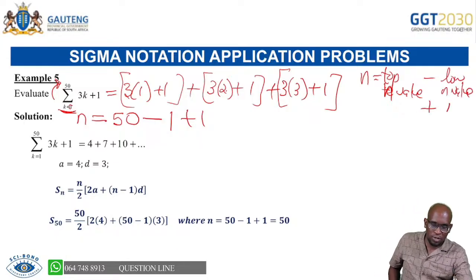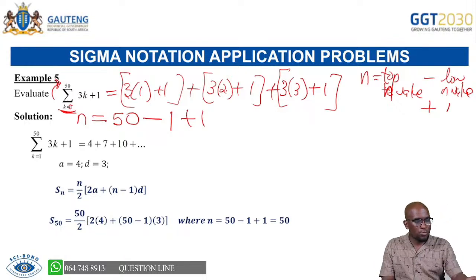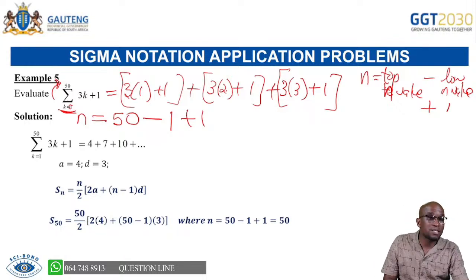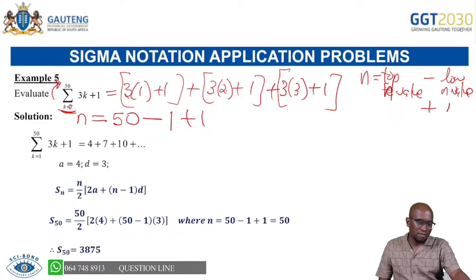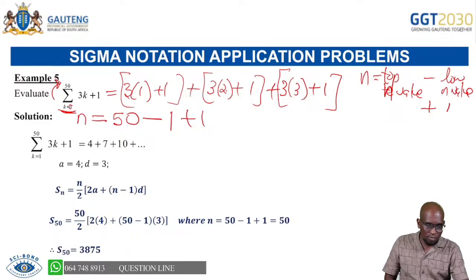So that is how you do it: top minus bottom plus 1. So now when we substitute there, we get that the sum to the first 50 terms is given by that expression. So now we get that the sum to the first 50 terms is 3,875. Hopefully that makes a lot of sense.